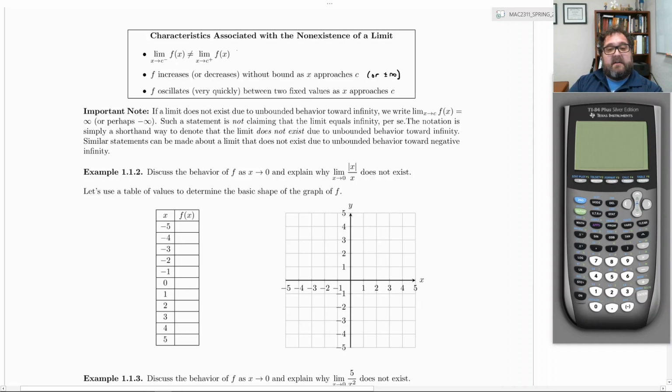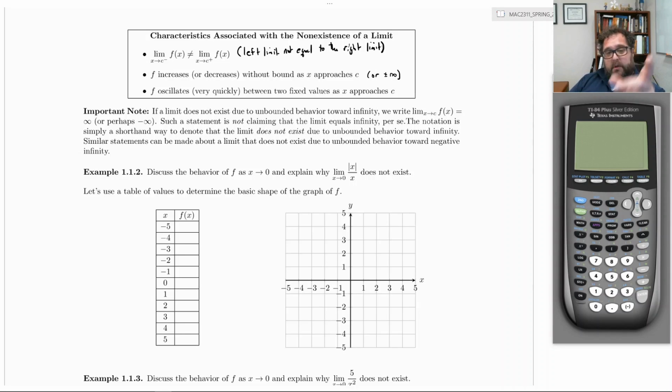This is telling us that the left limit is not equal to the right limit. The limit from the left is not equal to the limit from the right. So if that happens, then the overall limit, the two-sided limit, does not exist.